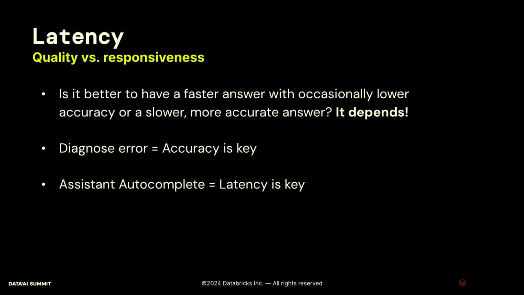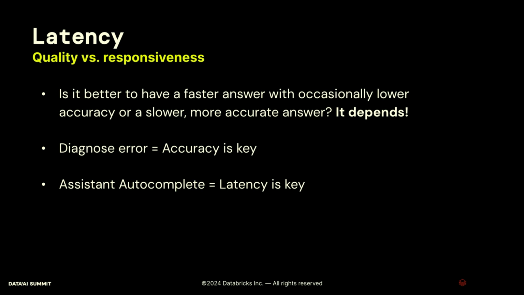Lastly, one of the things that was a bit surprising to me is that there are always trade-offs in these assistant experiences, especially between quality and responsiveness. In an ideal world we could have both, but often that's not the case. LLMs can take a long time to return, especially with chain of thought, where you're chaining them together.